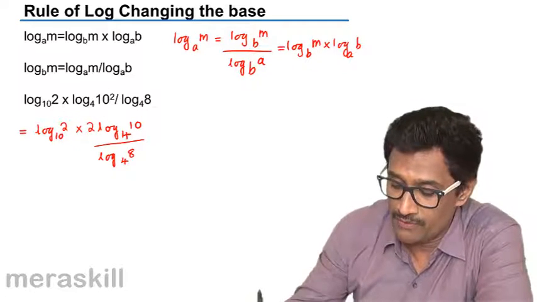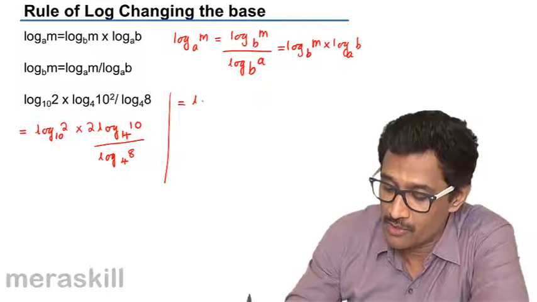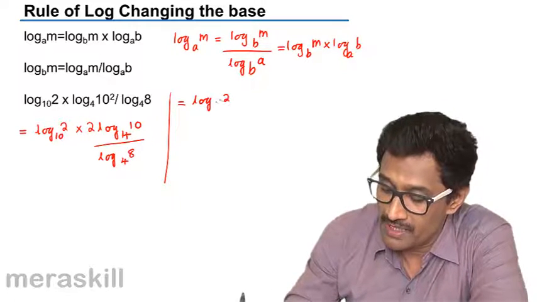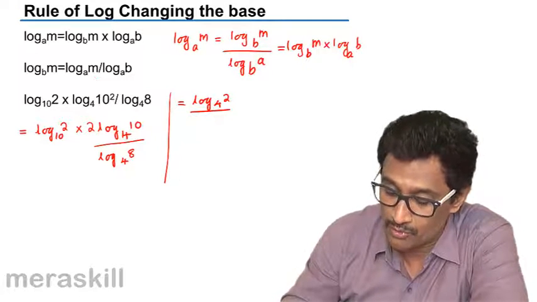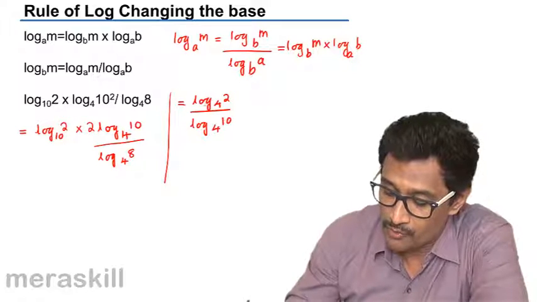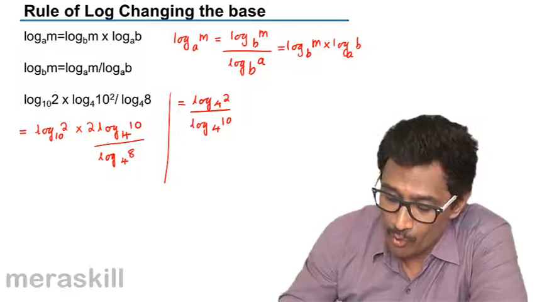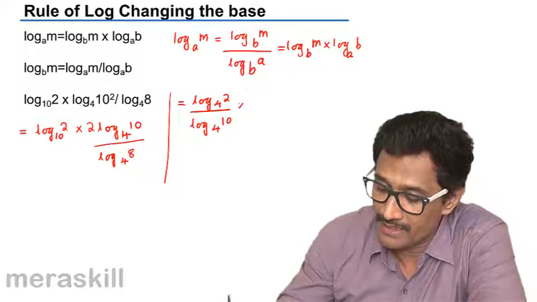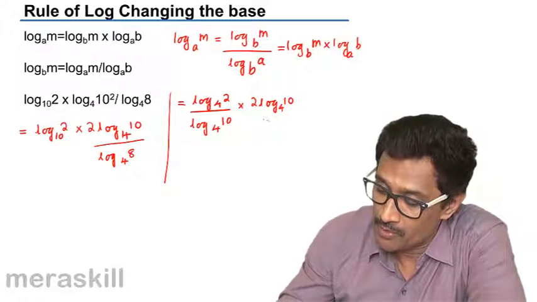Now this alone we can simplify, and suppose you want to change this to the base 4, we can write it as log 2 to the base 4. We are using this particular rule, log 2 to the base 4 upon log 10 to the base 4. So log original log 2 to the new base upon log of old base to the new base. The remaining thing is log 10 to the base 4.